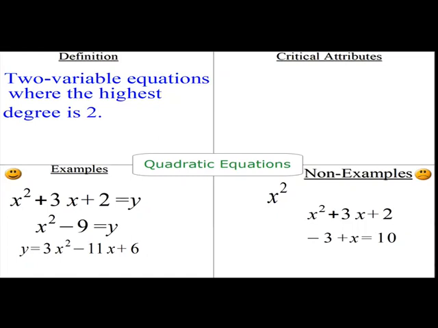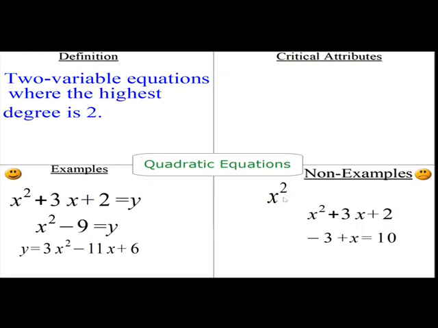Alicia, why is this last one down here not a quadratic equation? Because it doesn't have 2 variables. It doesn't have 2 variables, that is correct. What else, guys? Aaron, why is this one also not a quadratic equation? It doesn't have a degree higher than 2. That is correct. This degree is only 1. It doesn't have a degree of 2.